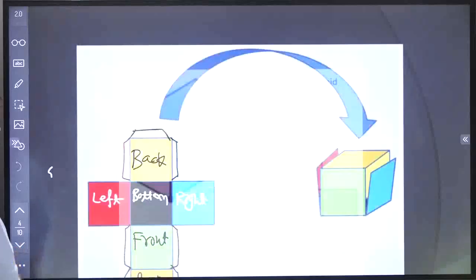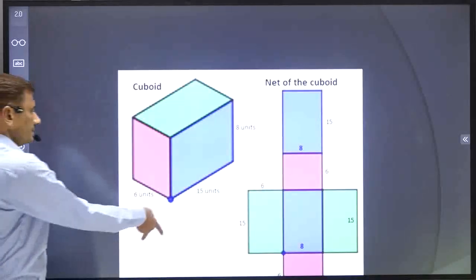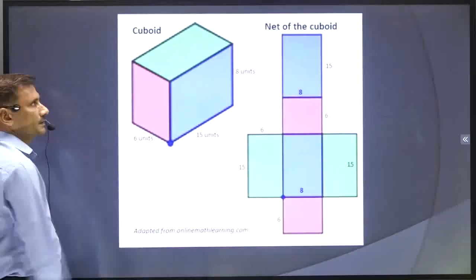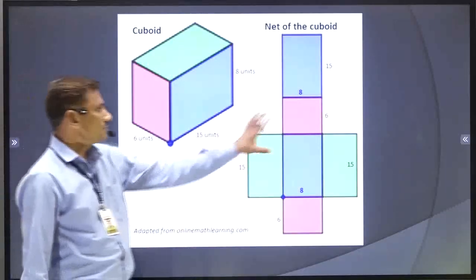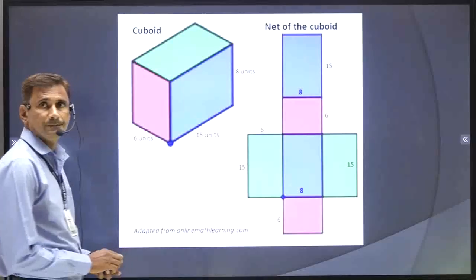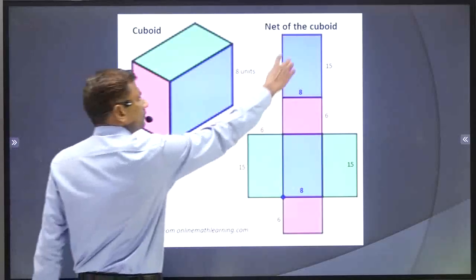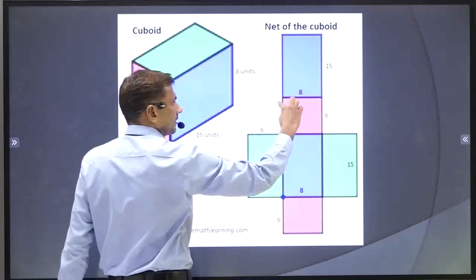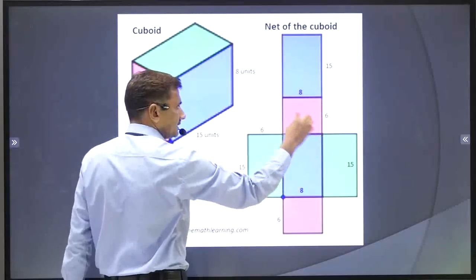Okay students, now next is the cuboid. You can see here all surfaces are not squares but rectangles. Now you can decide any length, any breadth, and any height.